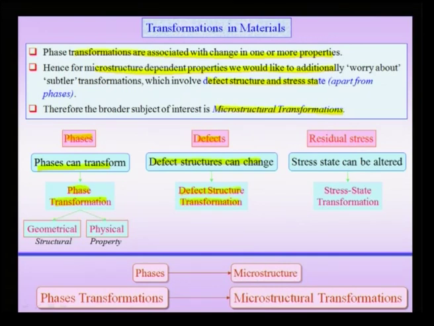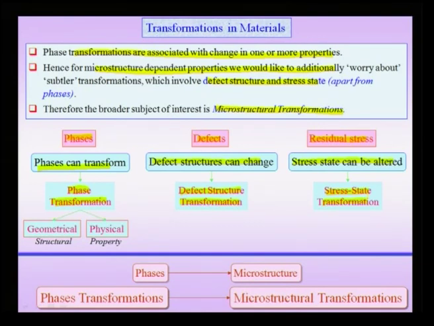And the third component of microstructure, the residual stress, and therefore the stress state can be altered, and this stress state could be thermal residual stresses, or it could even be residual stresses coming from defects like dislocations, and therefore I can have stress state transformations.